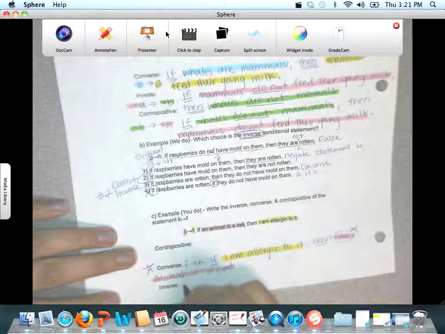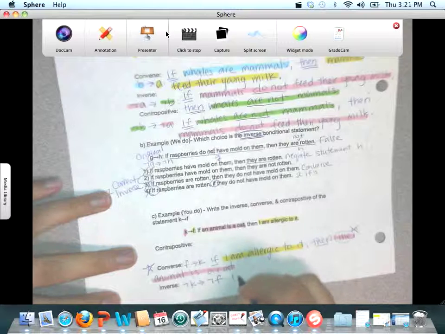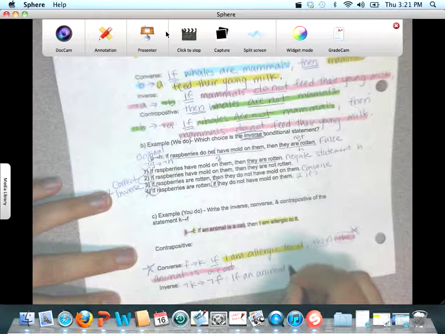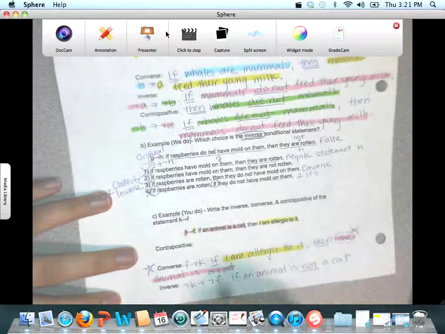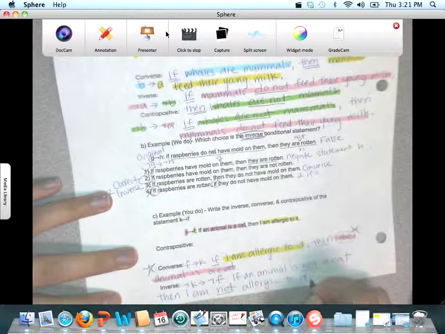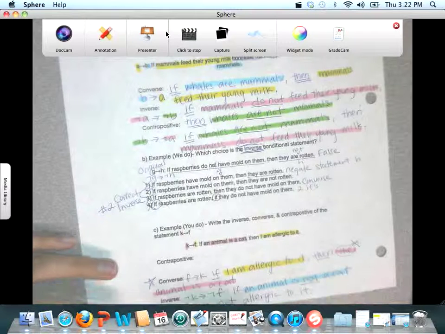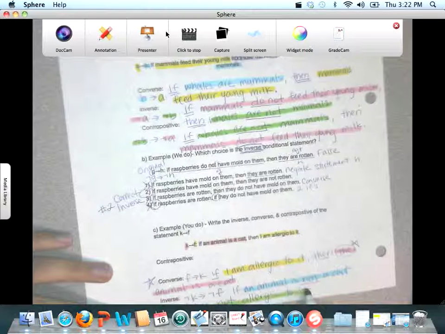So it becomes not K, then not F. If an animal is not a cat, then I am not allergic to it. So you have a different statement because they say not now, right?